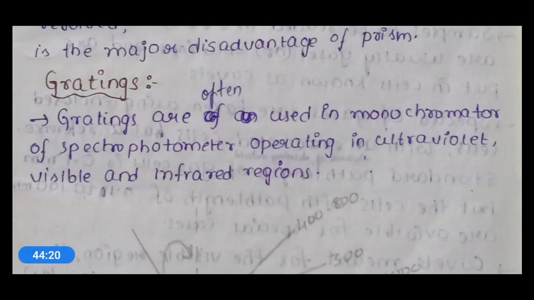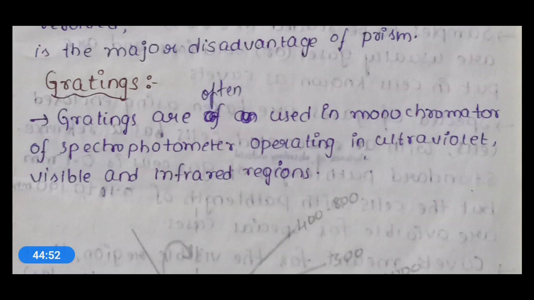The polychromatic light is dispersed onto the wavelength resolving device, like a prism or grating, which separates the polychromatic light beams into monochromatic lights based on their wavelength.